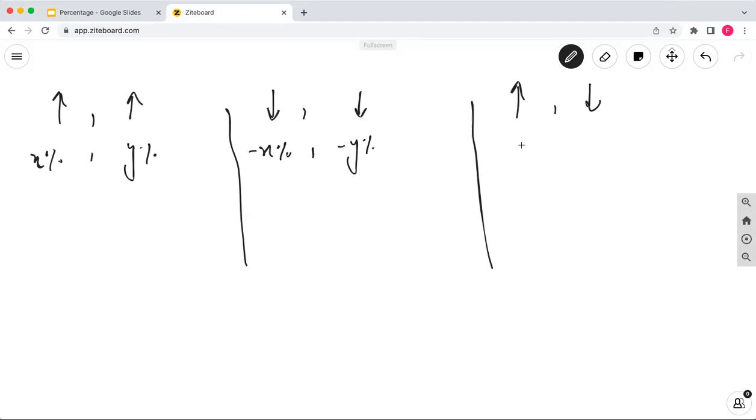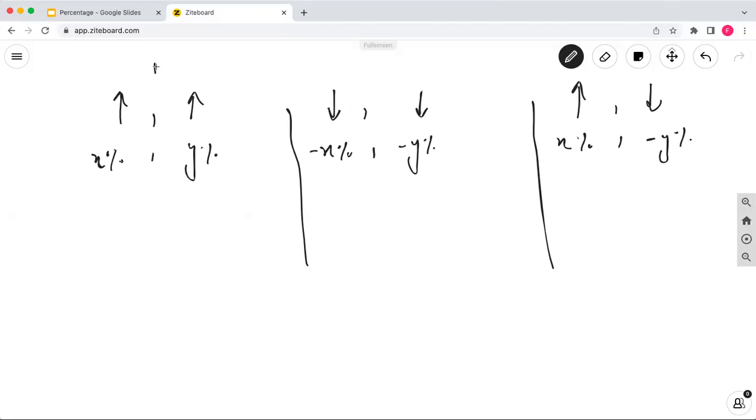The third scenario is increasing first by X% and decreasing that value by Y%. So the overall percentage change in the first scenario will be X plus Y plus XY over 100 percent.